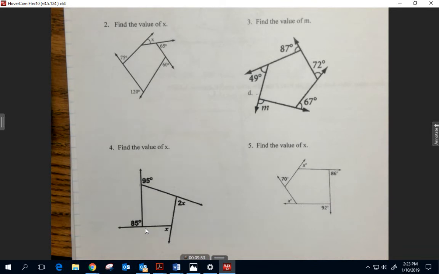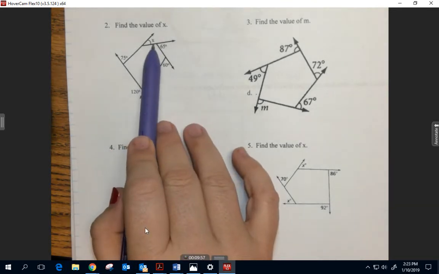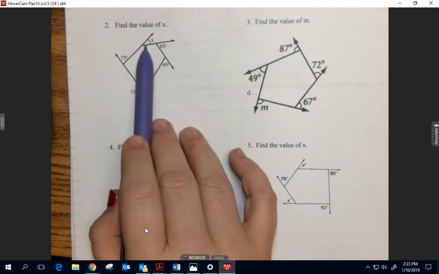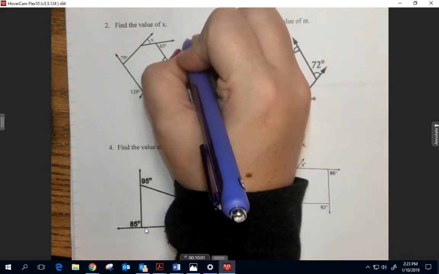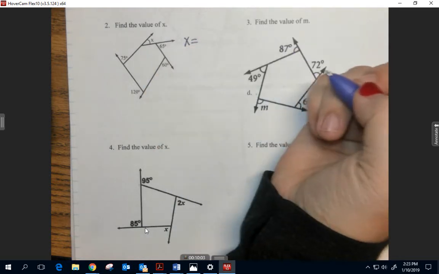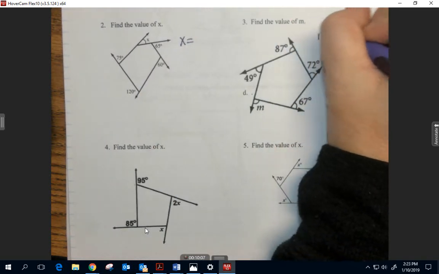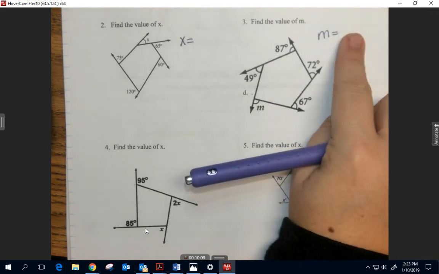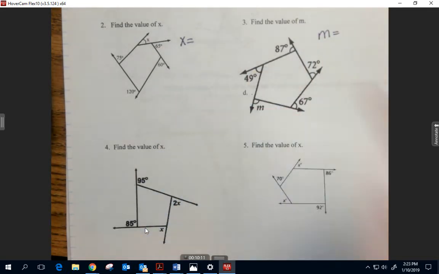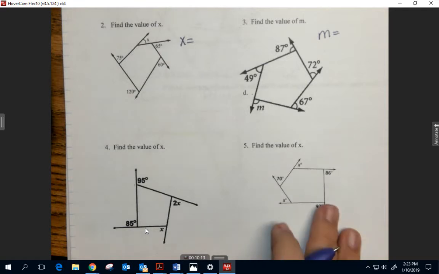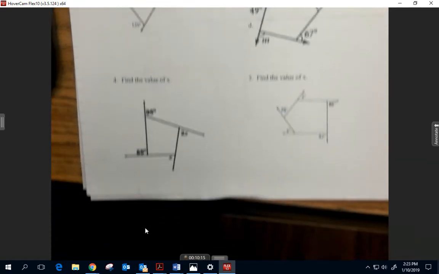Add them up and subtract them from 360, and that will give you your missing angle, right? So on number 2, make sure you write x equals. Number 3, make sure you put m equals and let me know what you get, okay? And both of those are a degree, so make sure you put the little degree symbol. But let's look at number 4 now.